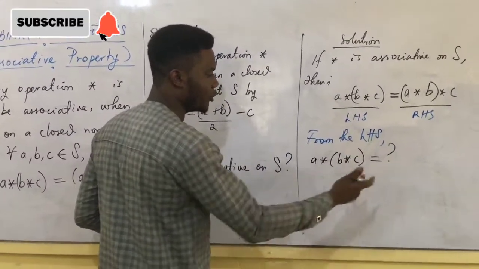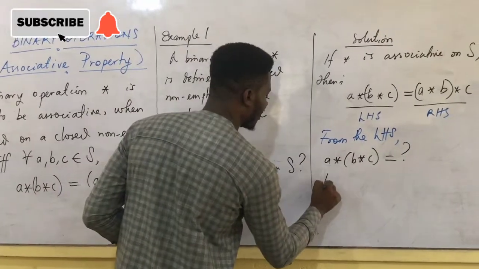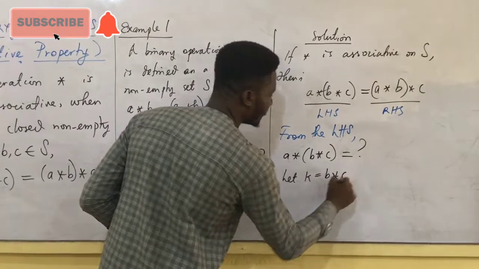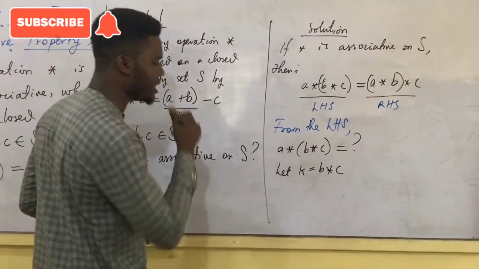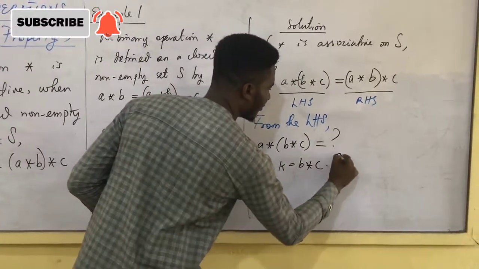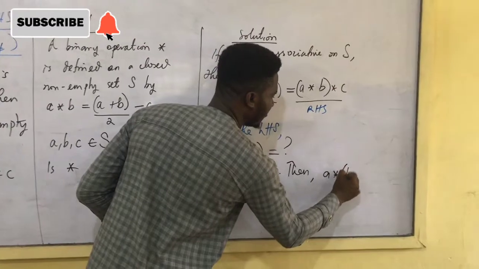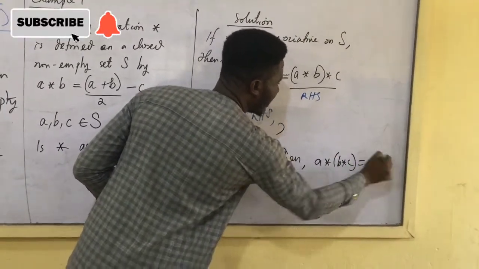I'm using the question mark there because we don't know the result. So I'm going to say something here. Let K be equal to B asterisk C. If K represents B asterisk C, then the implication is that A asterisk (B asterisk C) is equal to A asterisk K.